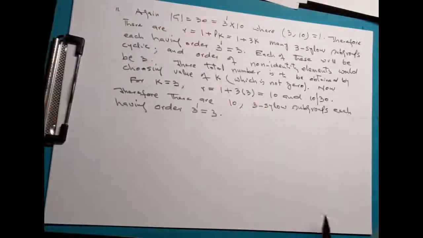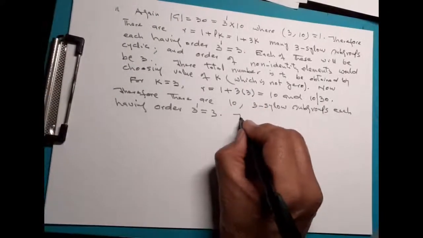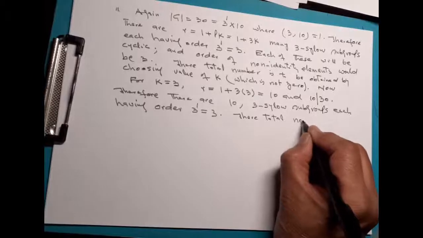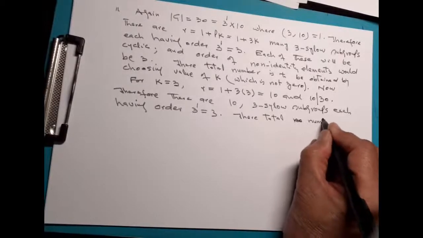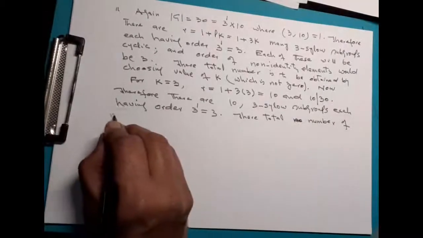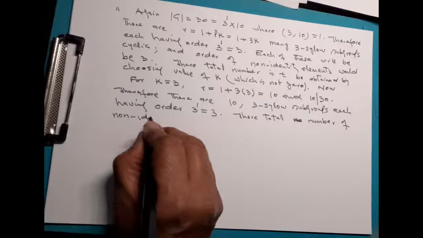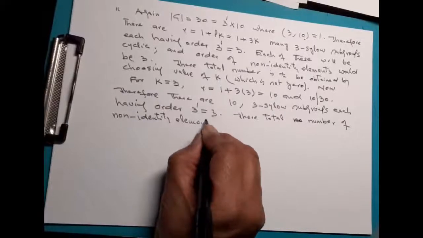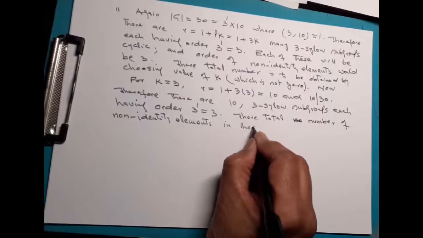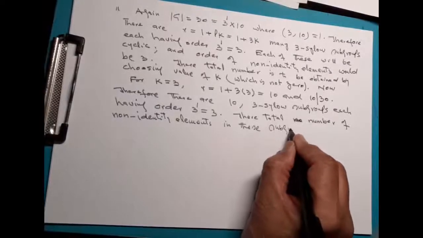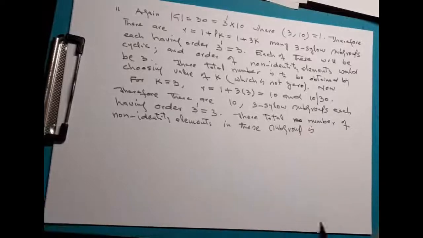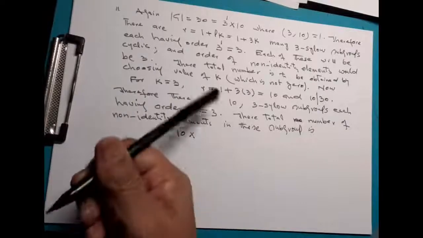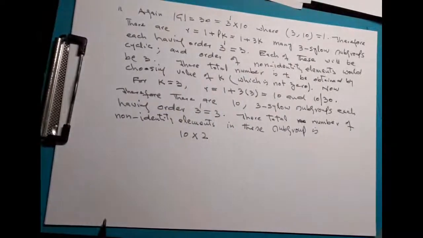Therefore, being cyclic, as we have just noted, the total number of non-identity elements in these subgroups is: there are 10 subgroups and each subgroup has 2 non-identity elements.